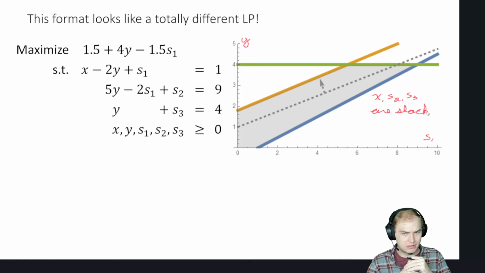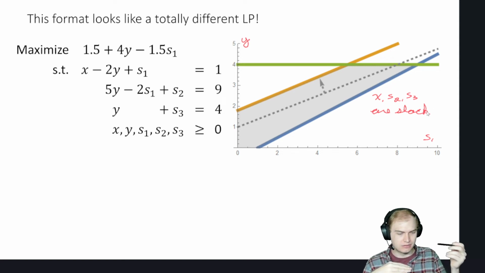So if you remember when we talked about the standard equality form of vectors, I mentioned that a polyhedron could be expressed as the projection of a higher dimensional system of linear equations.